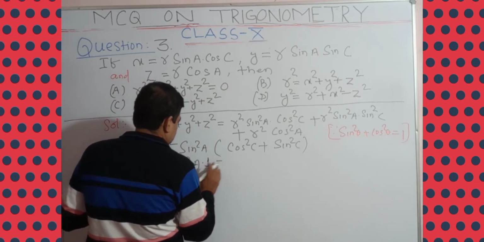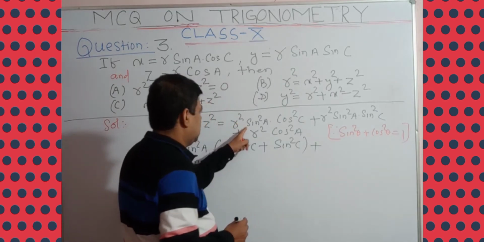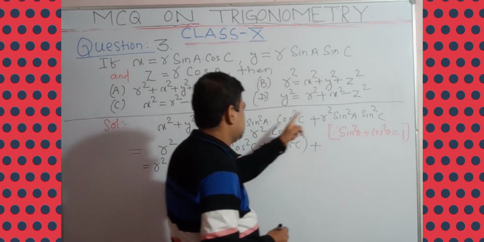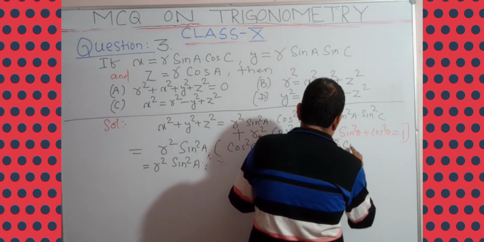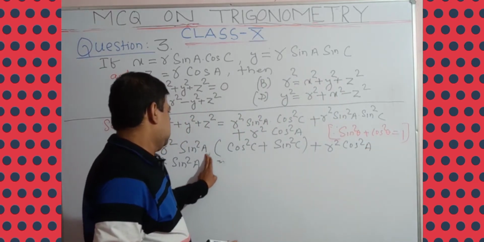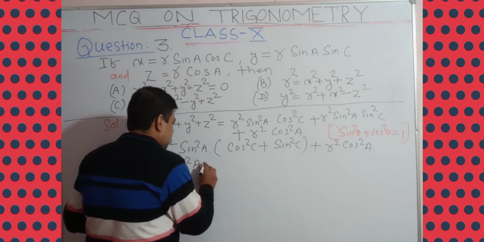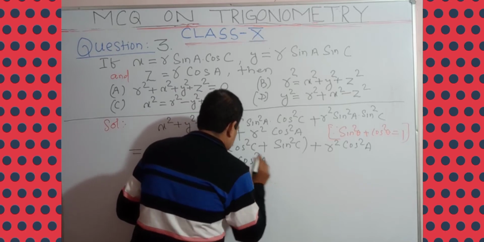So here, r square sin square a cos square c plus r square sin square a sin square c, first term and second term are simplified. Here you have to write also r square cos square a. Yes or no? So you see now here cos square c plus sin square c is 1, so it will be r square cos square a.